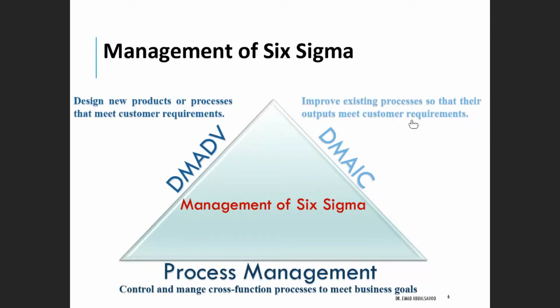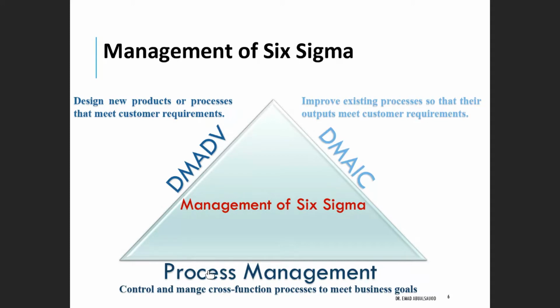Whereas if it's a DMADV, you design a new product or process that meets customer requirements. So if you are going to design a new product or a service, then you do the DMADV, and the process management element or side here in the triangle is also very essential. Why? Control and manage the cross function to meet the business goals.